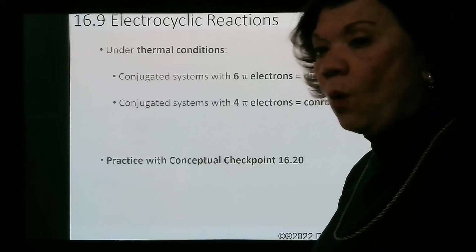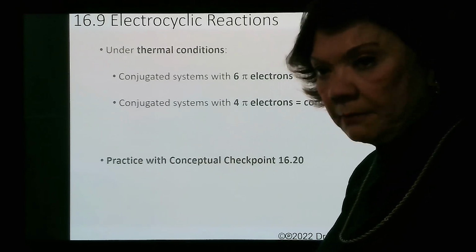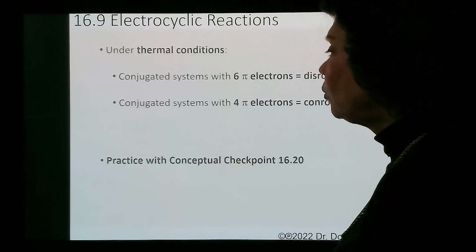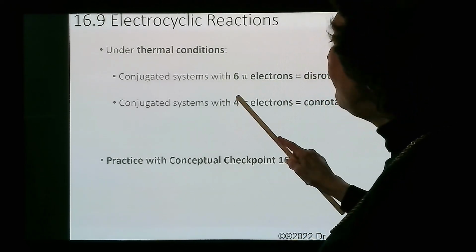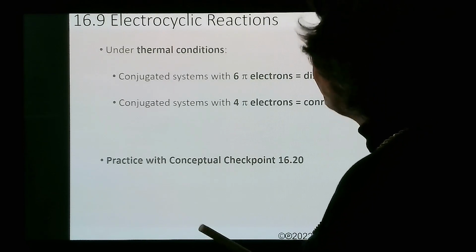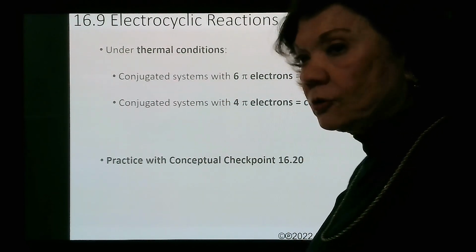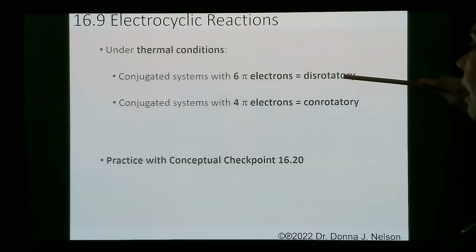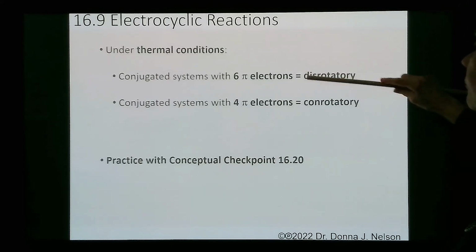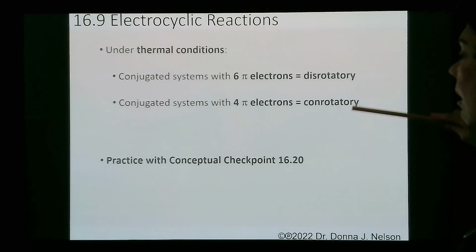There is another way to reverse the stereochemistry of the products, and that is by switching from 6 pi electrons to a system with 4 pi electrons. And that will reverse the stereochemistry. It will reverse the direction of the rotation from disrotatory to conrotatory.